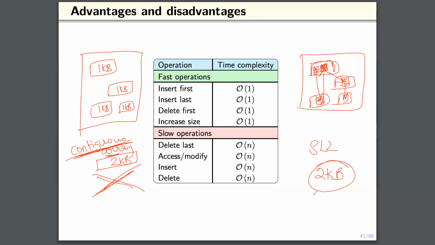You can easily allocate it. But the problem with SLL is that it has to store the element and it has to store the pointer. A pointer takes, I don't know, probably 2 bytes or 4 bytes, depending on whether it is 32-bit, 64-bit, and so on.